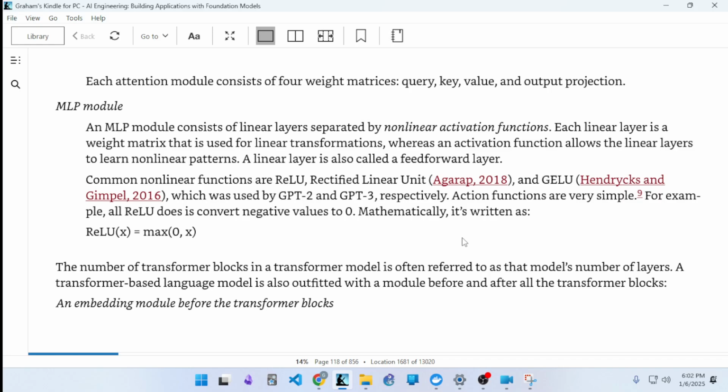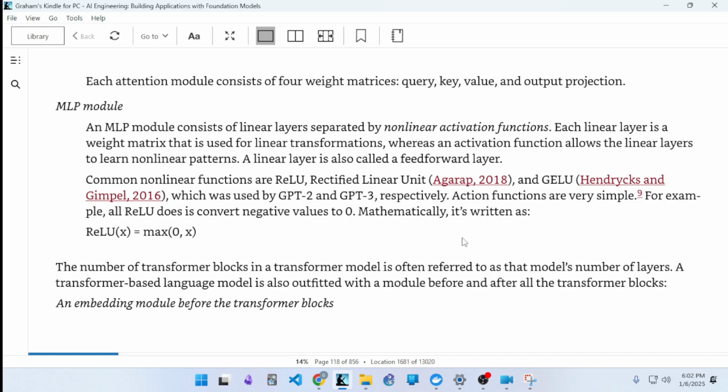A linear layer is also called a feed-forward layer. Common nonlinear functions are ReLU, rectified linear unit, and GeLU, which were used by GPT-2 and GPT-3 respectively.